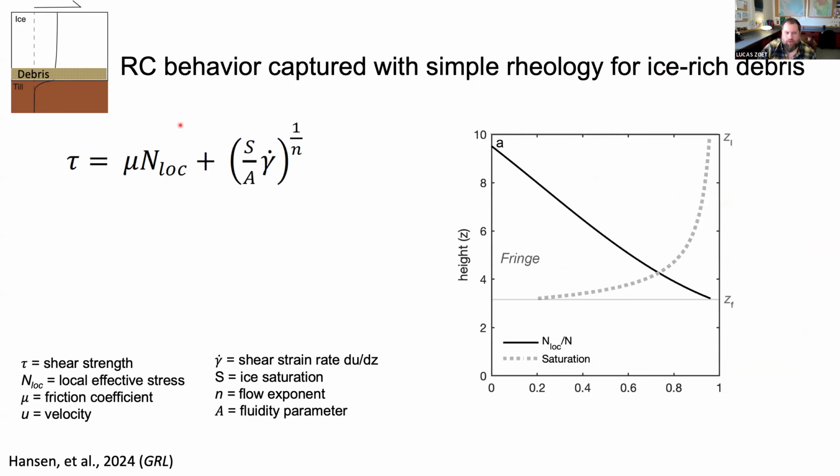You can propose a drag response for this frozen fringe, or this icy watery mixture, that looks something like this. It has a Coulomb component, but also a strain rate dependent component that importantly depends on ice saturation, this S right here. You can rearrange this and integrate it, and that allows you to solve for what the velocity is throughout the frozen fringe.